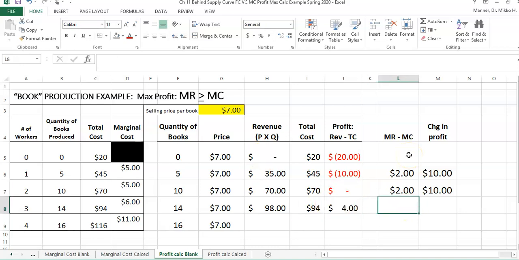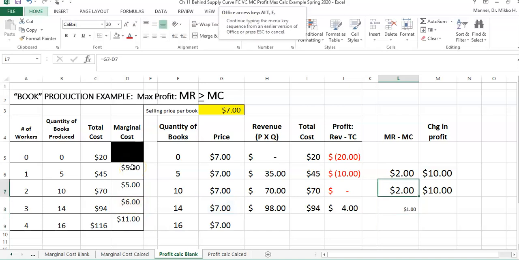Well, same calculation we did before. Marginal revenue: each extra book that the third worker helps us produce makes us $7 extra of revenue, but we have a marginal cost. Each of those 4 extra books costs an extra $6.